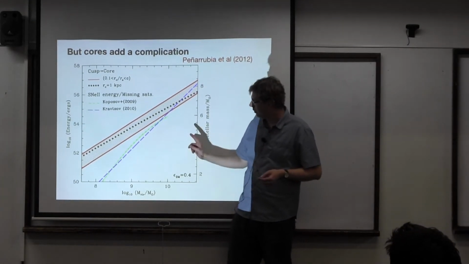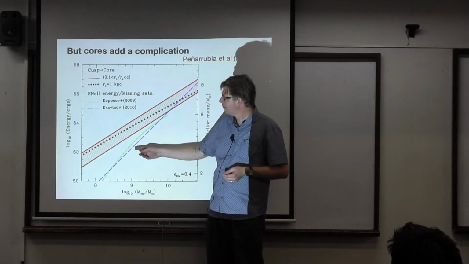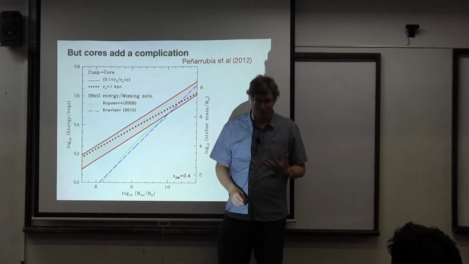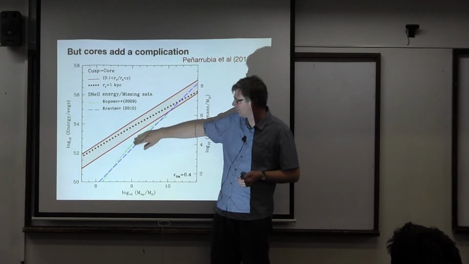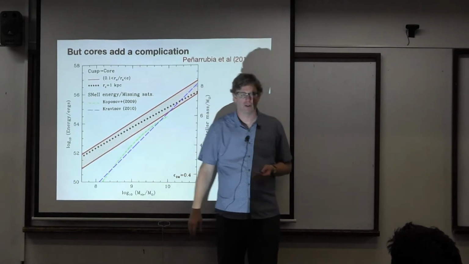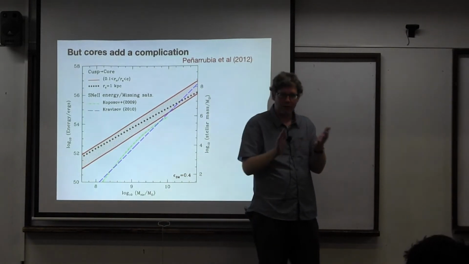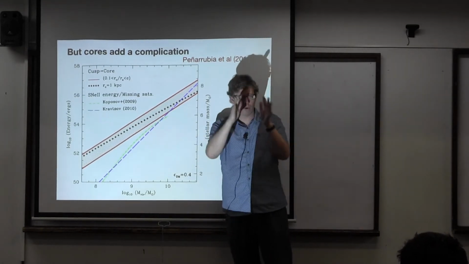In order to get rid of the missing satellites, you really don't want to be above these green or blue lines. But in order to create the cores, you don't want to be below these red lines. You don't want to be here. So here, in these very, very small galaxies, there is a real tension. It's difficult to reconcile the missing satellite problem and these cores in the centers.